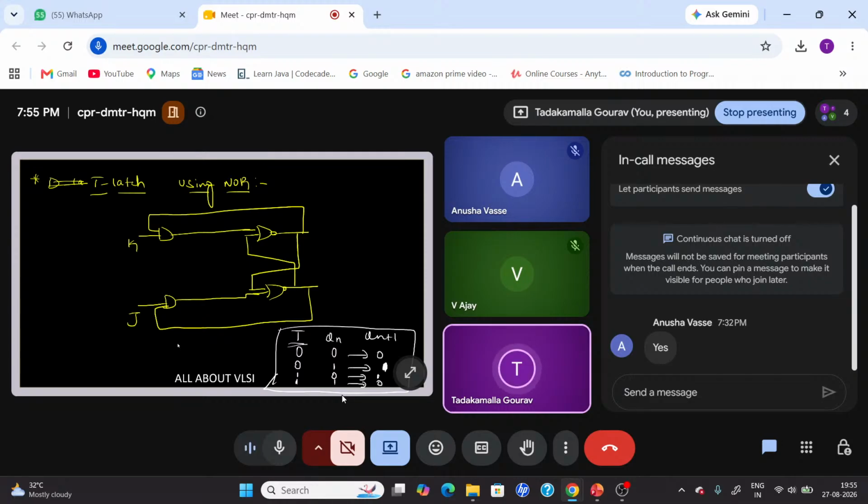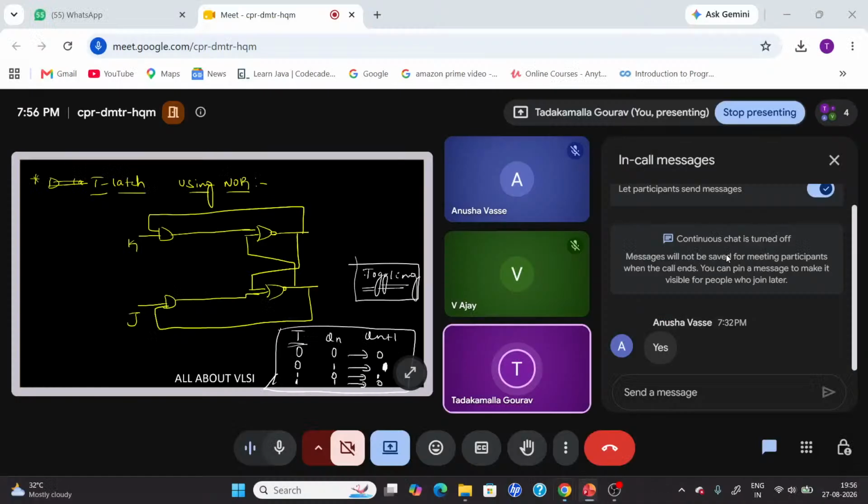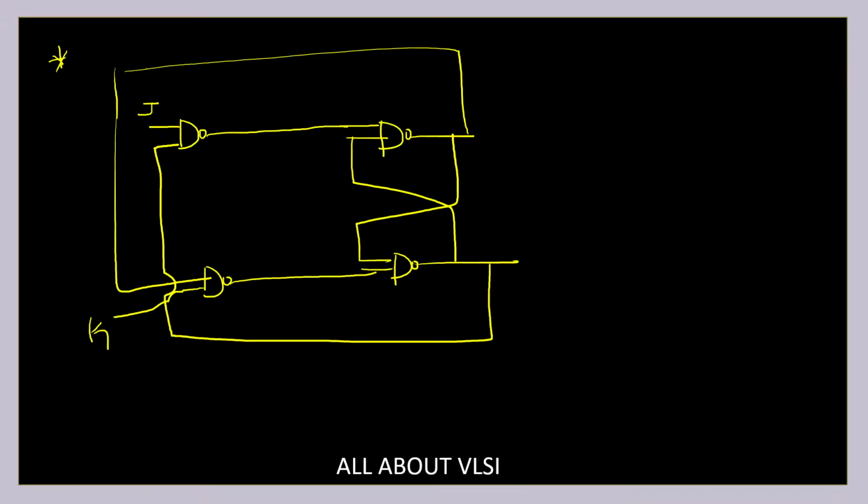So toggling is happening over here. What kind of modification can we do so that we can achieve this kind of toggling? Okay, fine.